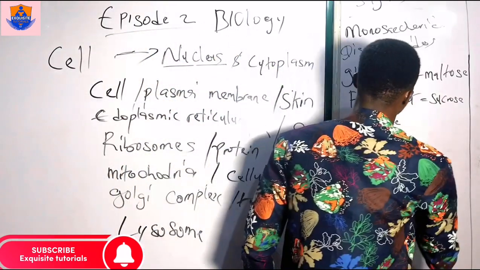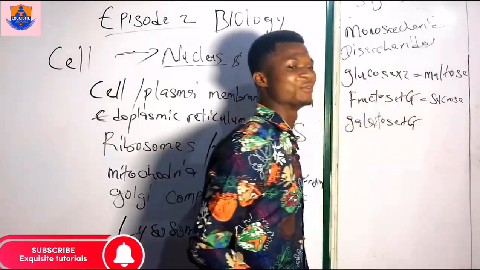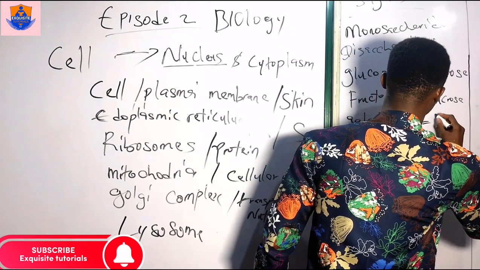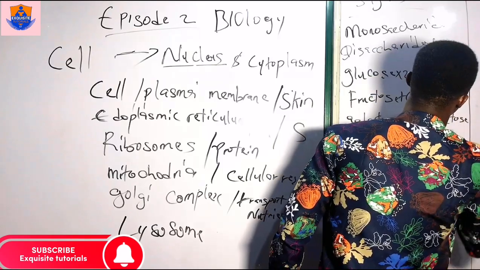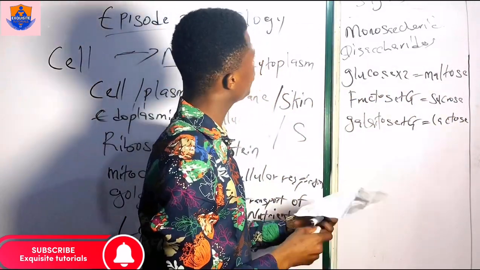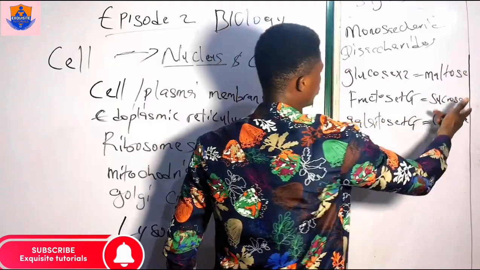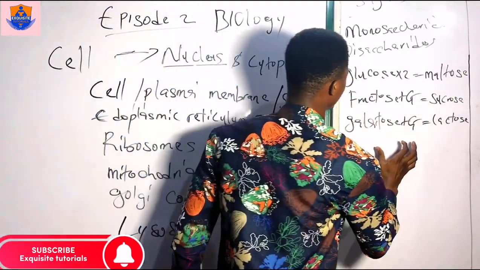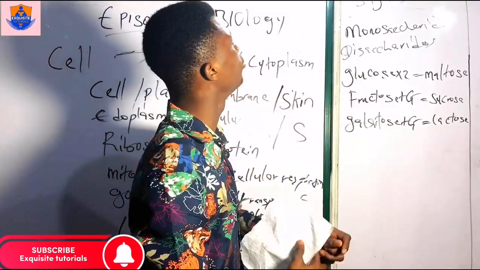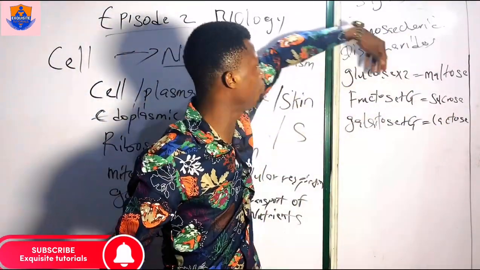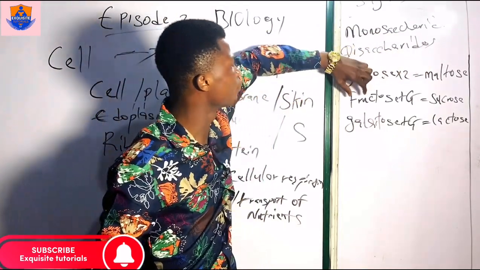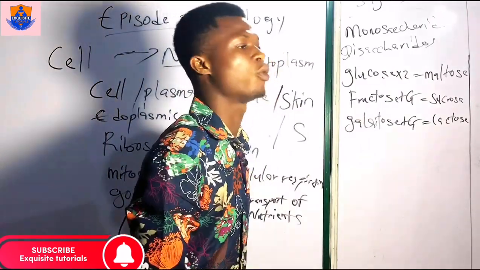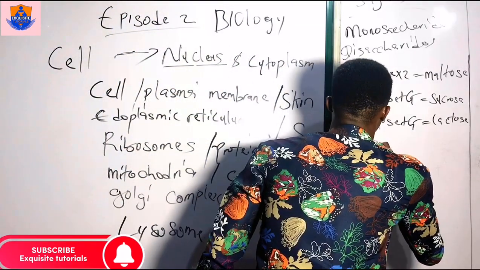Galactose plus glucose will give us lactose. Now, if we have maltose, sucrose, and lactose as a substance, and we need to break them down to their components, which are glucose, fructose plus glucose, and galactose plus glucose, we need something that will help us carry out the work, which we call an enzyme.